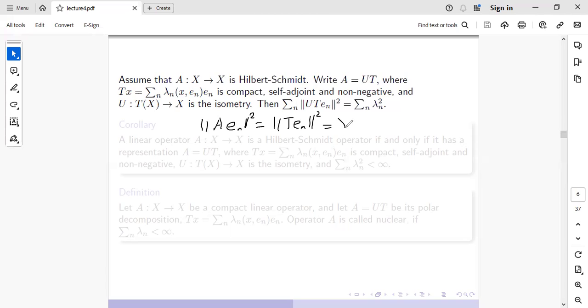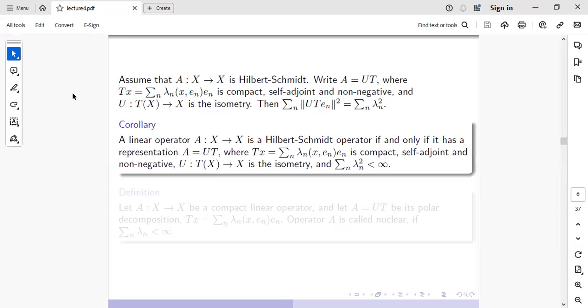And this is lambda_n squared. So we get the following description of Hilbert-Schmidt operators. A linear operator is Hilbert-Schmidt if it is compact, and in its representation as the product of U and T, the sum of squares of lambda is finite.